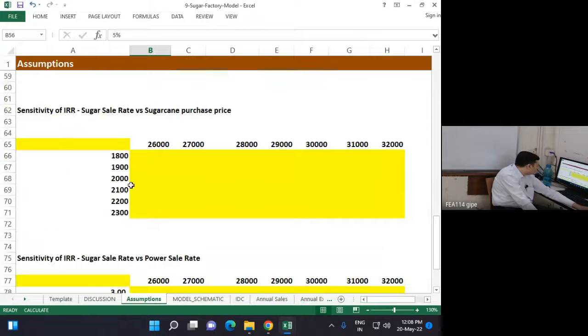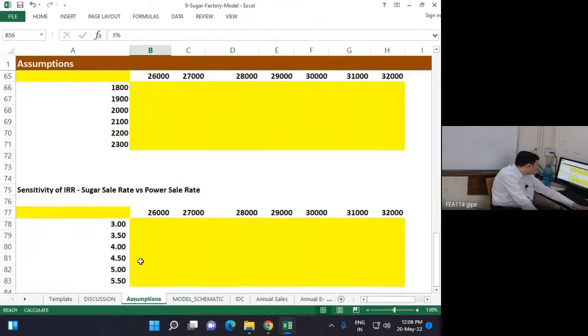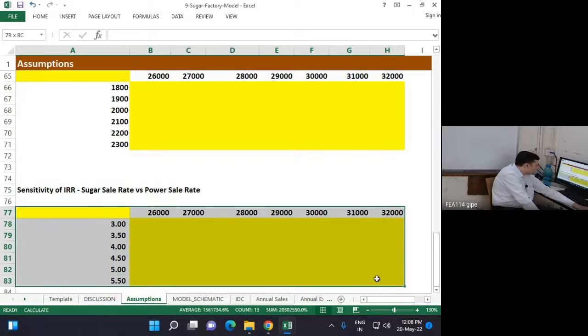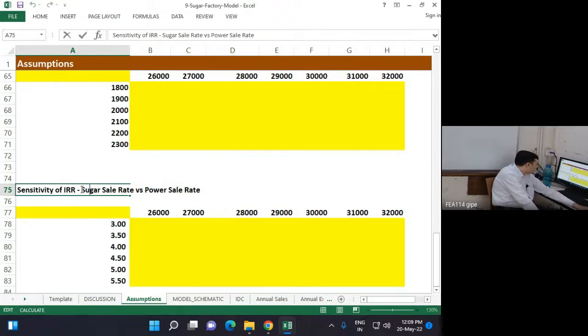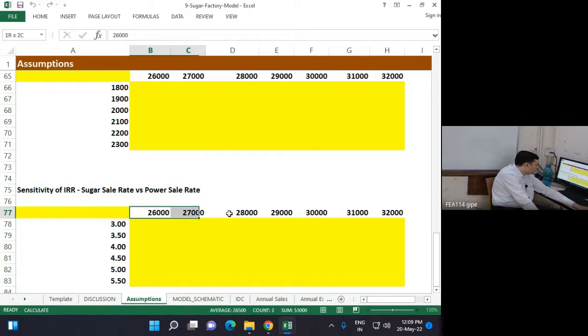So you come to the assumptions page, and here come to sensitivity of IRR. We want to build the IRR sensitivity if your sale rate of sugar changes.